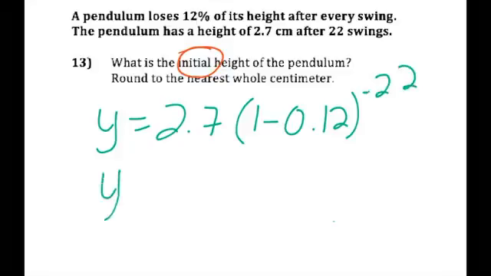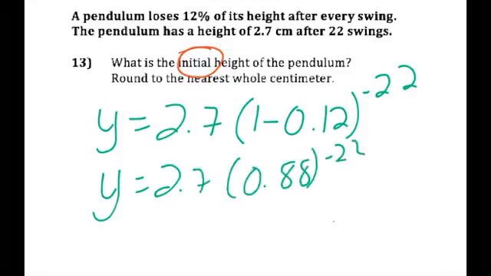So I can put in my calculator y equals 2.7 parenthesis 0.88 to the power of negative 22, and you still get approximately 45 centimeters is where we started.